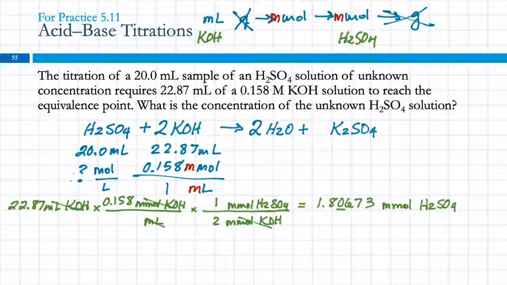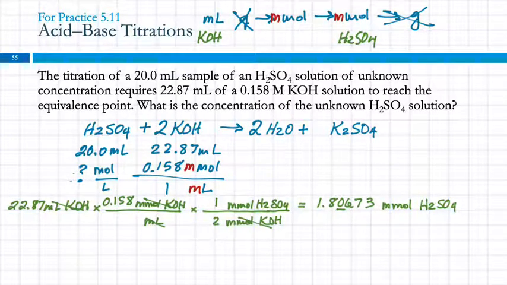And that should have 3 significant figures. When I do these calculations and get millimoles, the numbers are nicer. If this was moles, it would be 0.00180673 moles.